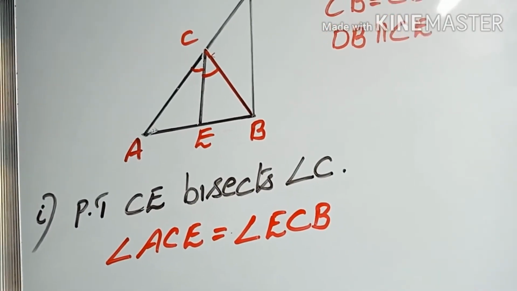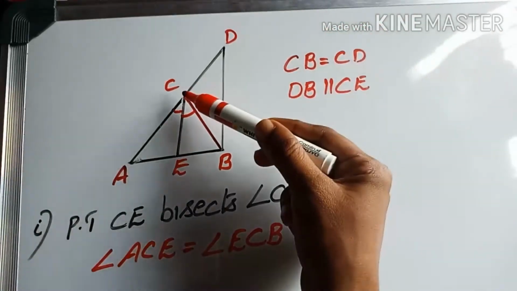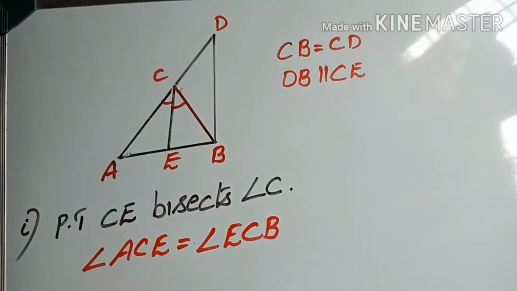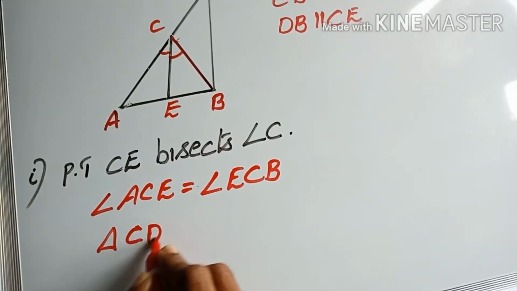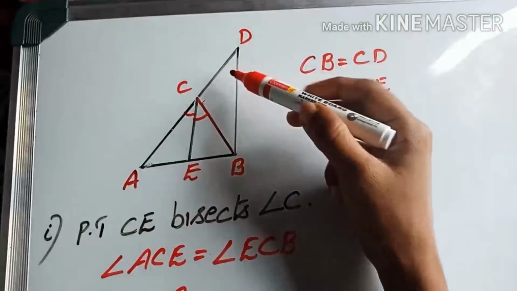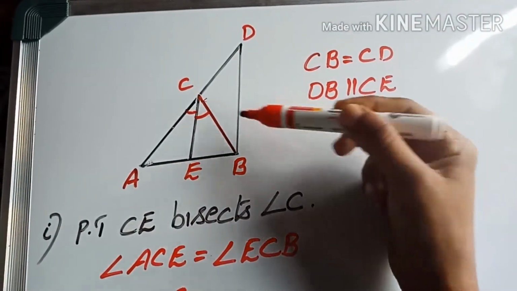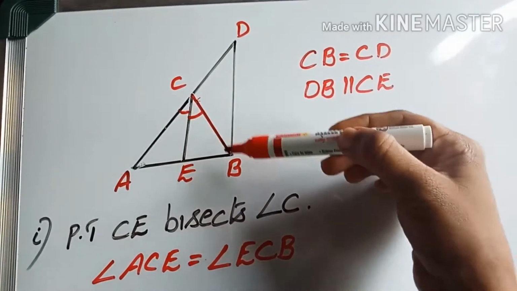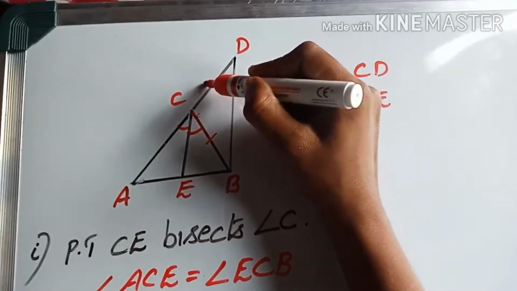For that, consider triangle CDB. We can see that this triangle CDB is an isosceles triangle. Why? We already wrote CB and CD as equal. CB is the same as CD.